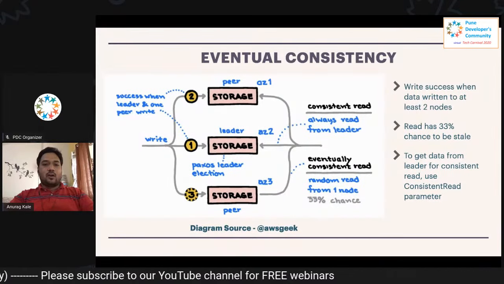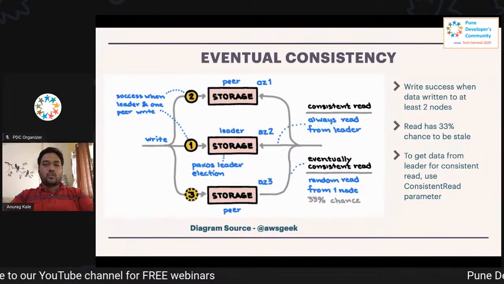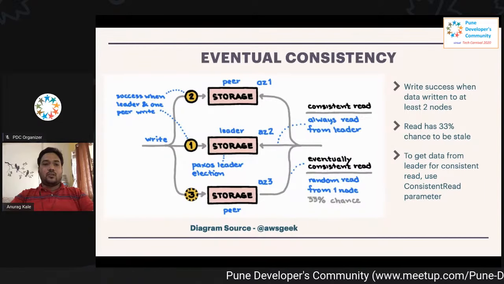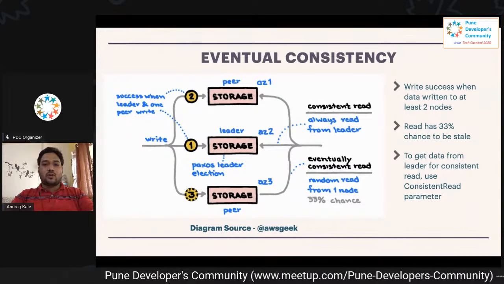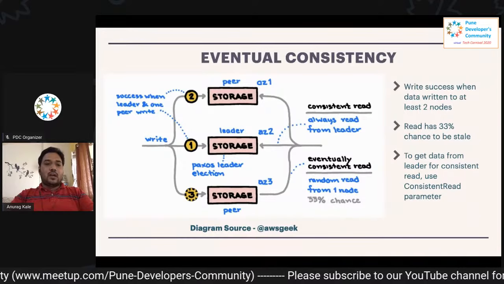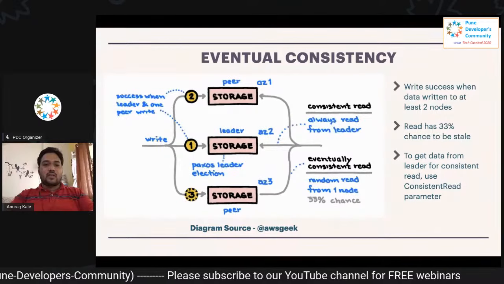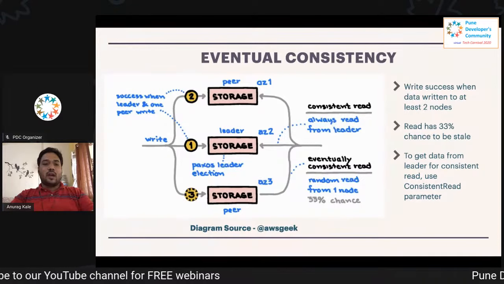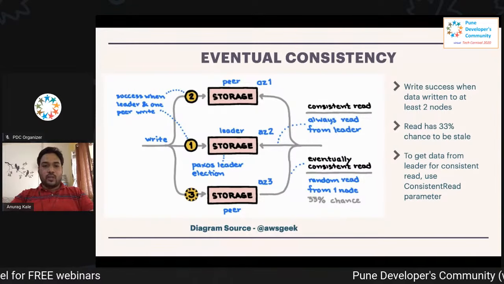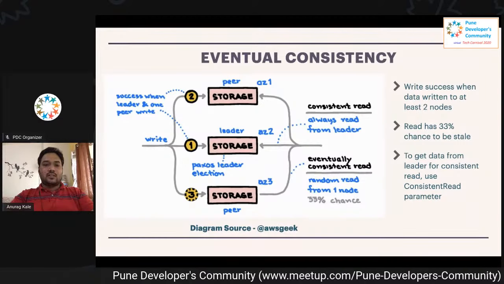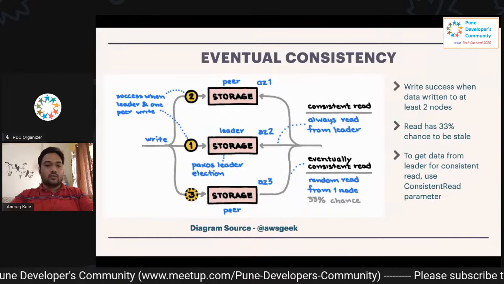Of the three systems that were chosen, there is always a leader, and there will be two followers or peers or successors. A write is considered a success when it gets confirmation from at least two nodes. In this case, from node 1 and node 2 it got success, so this write is considered successful.